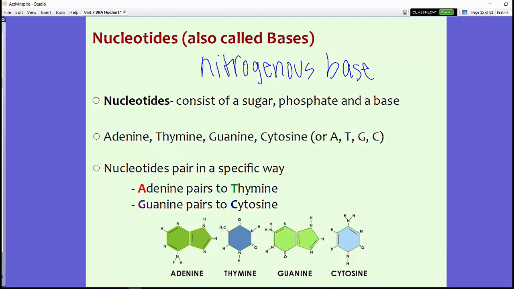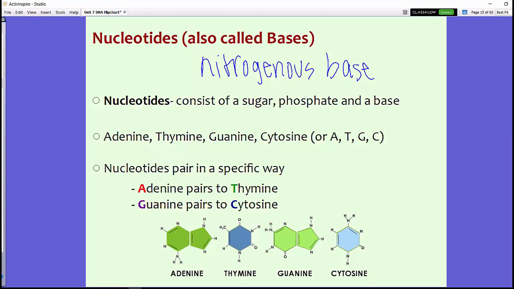Nucleotides are all three. The bases are just those four: adenine, thymine, guanine, cytosine. These bases pair up in very specific ways. Adenine pairs with thymine, guanine pairs with cytosine. You can think of it as the adage that apples are in trees, cars are in garages.